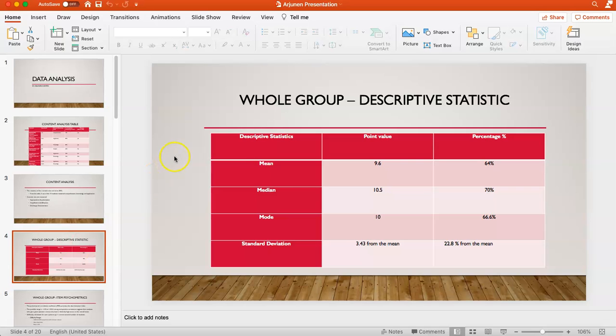The observation here is that the mean, the median, and the mode all were clustered very close to this area between 9 and 10, somewhere that we want to be when using descriptive statistics.